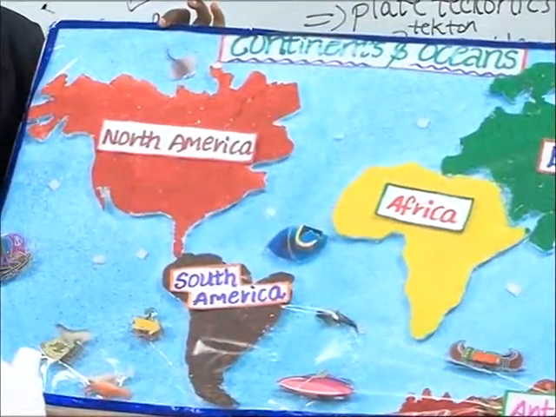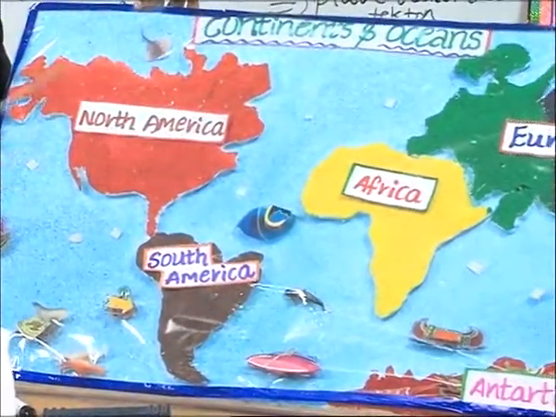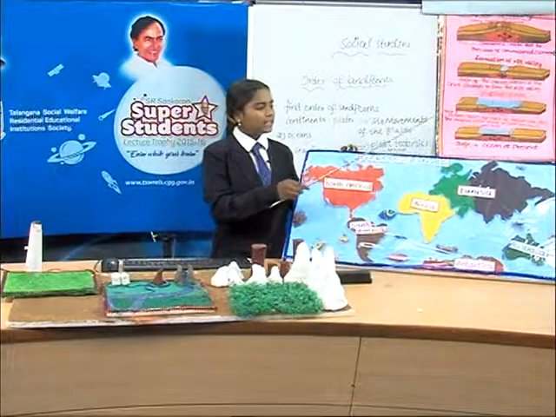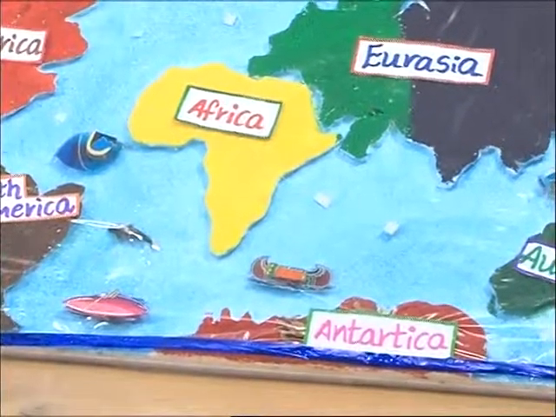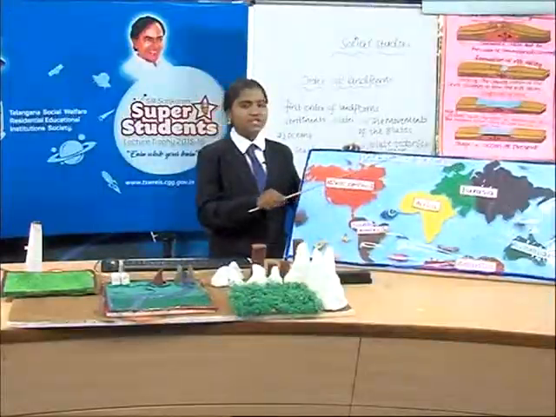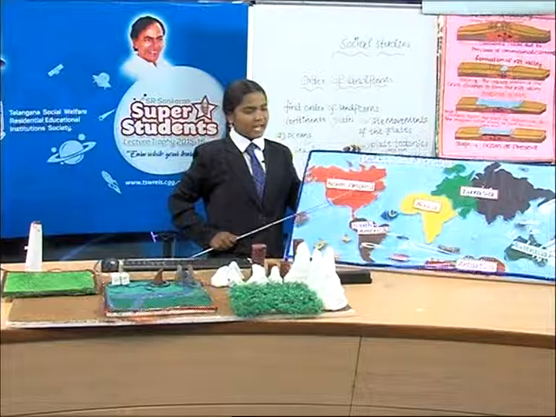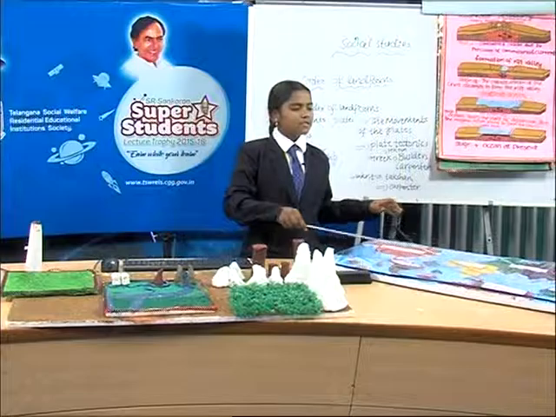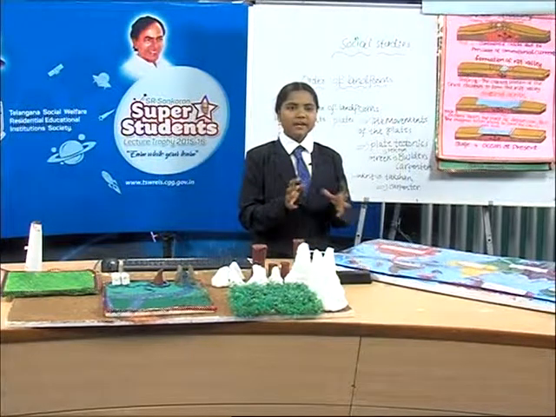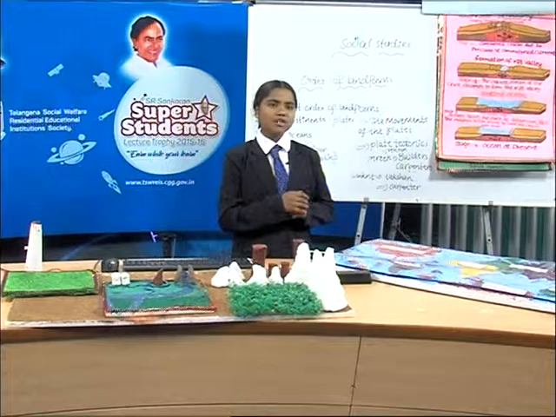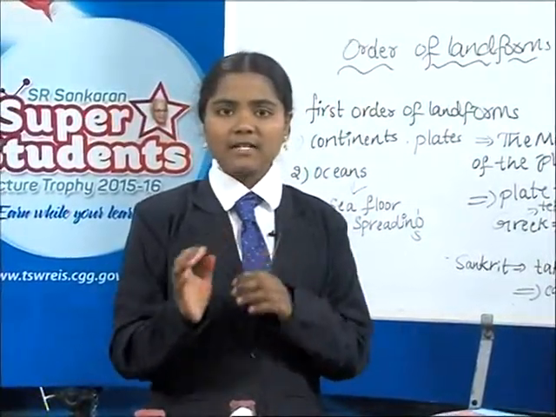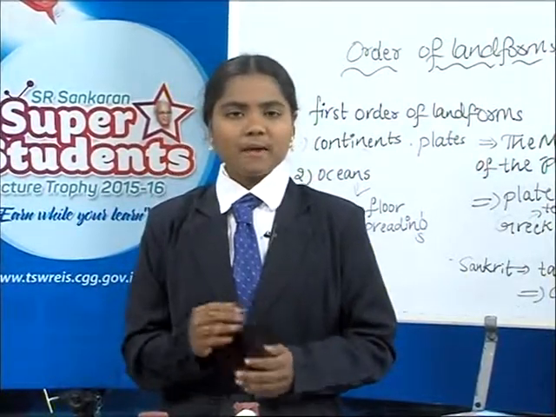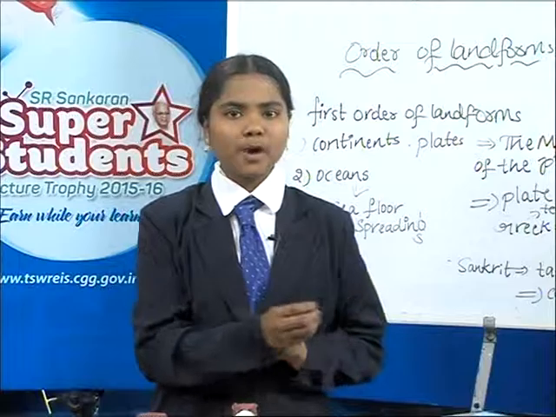And there are the 5 oceans: the Indian Ocean, the Southern Ocean, the Arctic Ocean, the Atlantic Ocean and the Pacific Ocean. Okay friends, the largest continent is Asia and the deepest ocean is the Pacific Ocean. Friends, are you understanding and noting down my points?